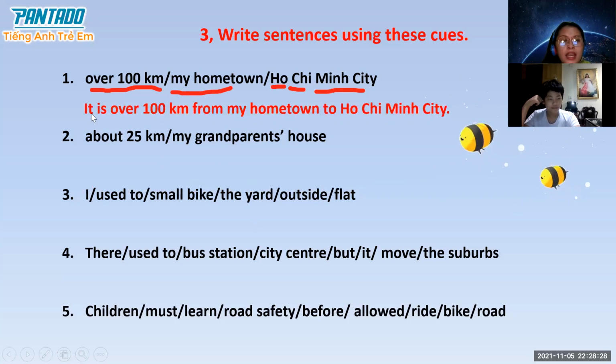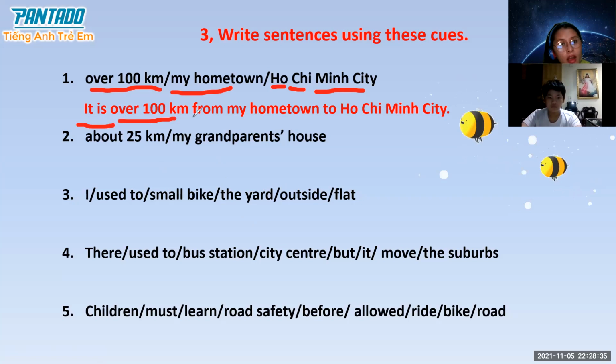So it will be: it is over 100 kilometers from my hometown to Ho Chi Minh City. We add it is, from, and to. That is an example for number one.